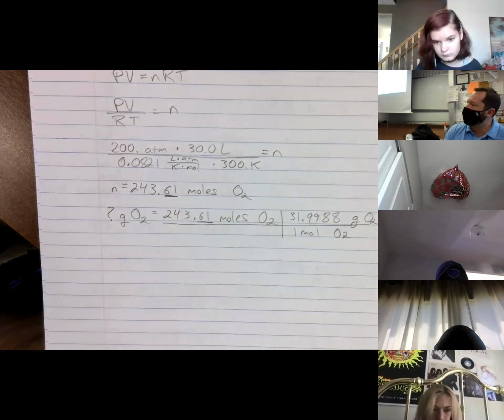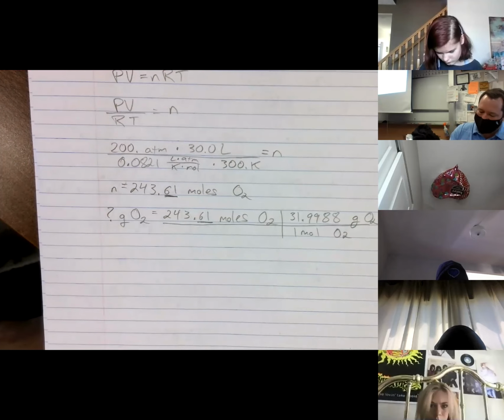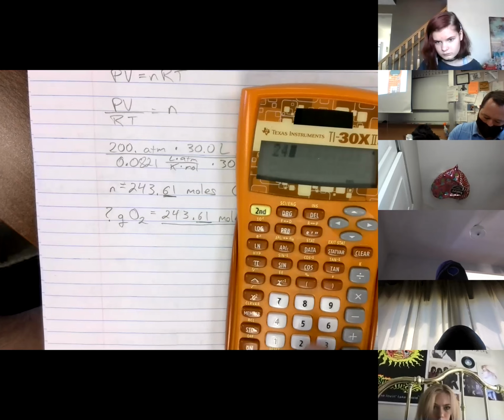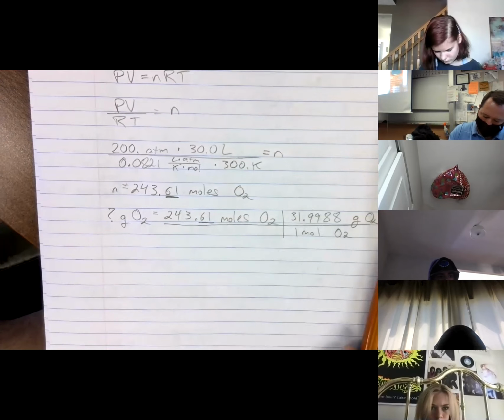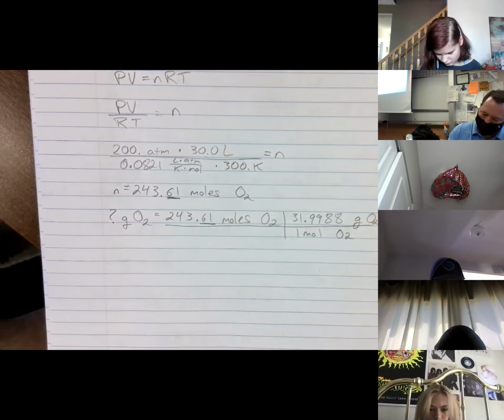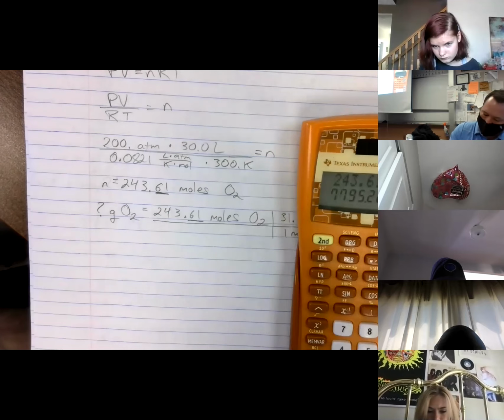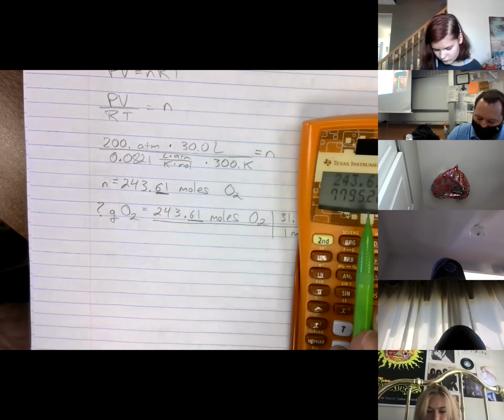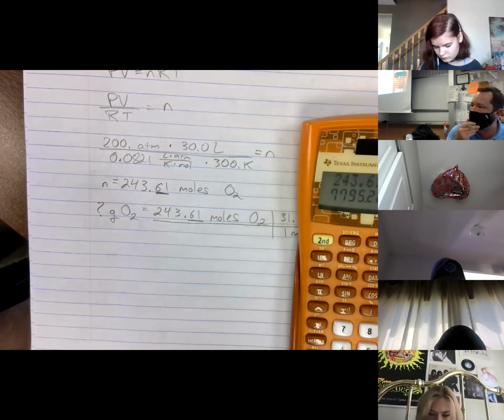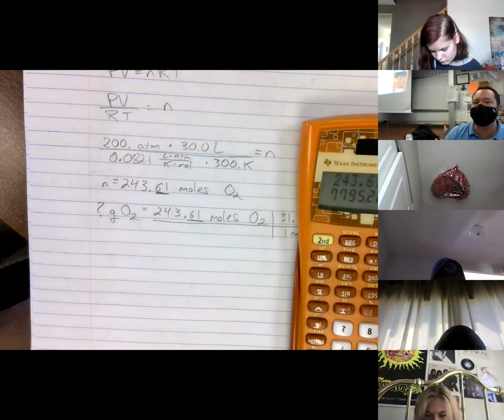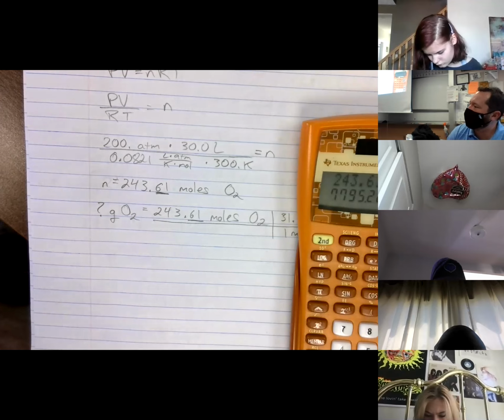And now we're ready to do our multiplication then. 243.61 times 31.9988. Press the enter button. 7795.227668.